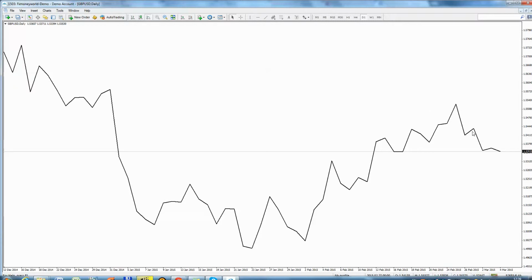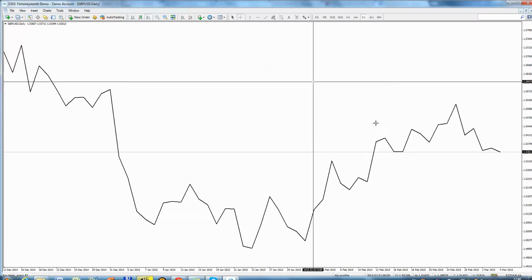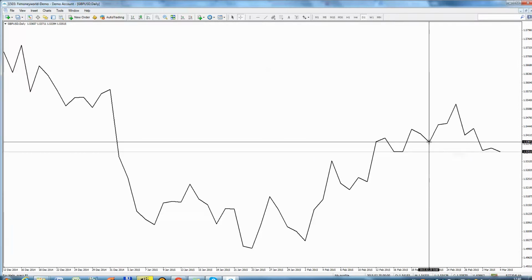And these points that you see here are the last prices given at the end of a period. In our case, that is a day. So let's take a crosshair and see how it works. At this point, on the 20th of February, the last price was 1.5387. As you have understood, I take these figures from the right column of our chart.